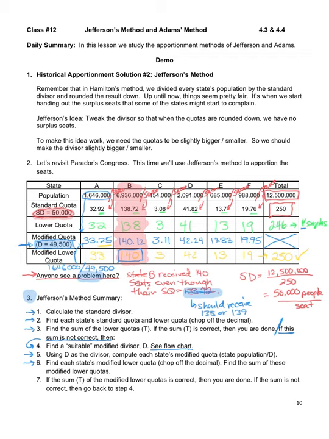Just like Hamilton's, you're chopping off the decimal. Then you find the sum of these modified lower quotas. If that sum, T for total, of the modified lower quotas is correct, you're done. If it's not correct, you go back to step 4. So there's a little bit of a loop built in here. You do these steps over and over again until you get the total number of seats that you're trying to apportion.